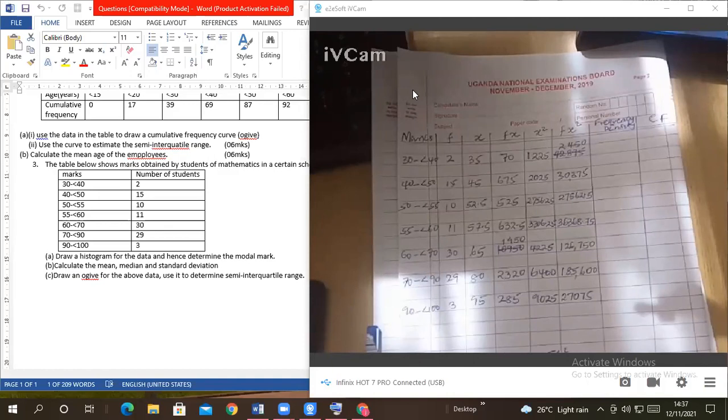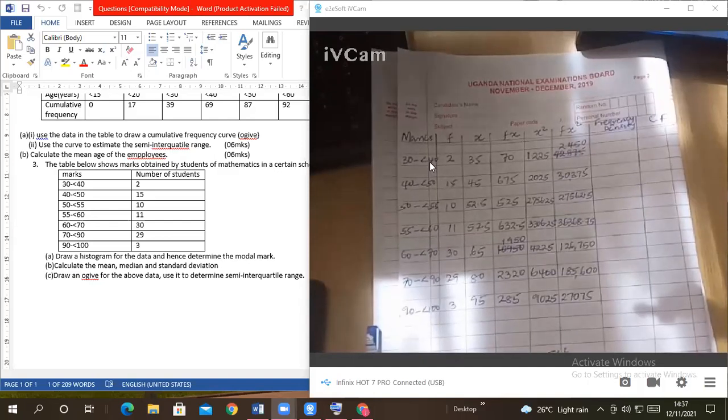Okay, members, let's look at the marks. Look at how they are. 30 less 40. 40 less 50. 50 less 55. 55 less 60. 60 less 70. 70 less 90. 90 less 100. Now, class boundaries are continuous. I explained this.